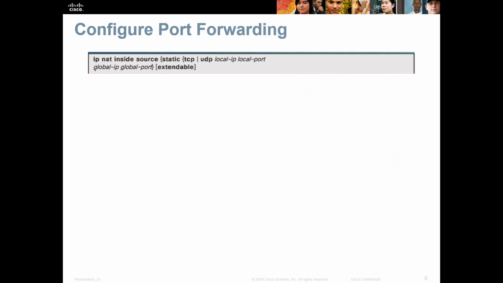And there's just this one command, right? IP NAT inside source, we're familiar with that. And it'll be static, but now you're going to have to specify, is it a TCP connection? Is it a UDP connection? Right? A TCP or UDP.